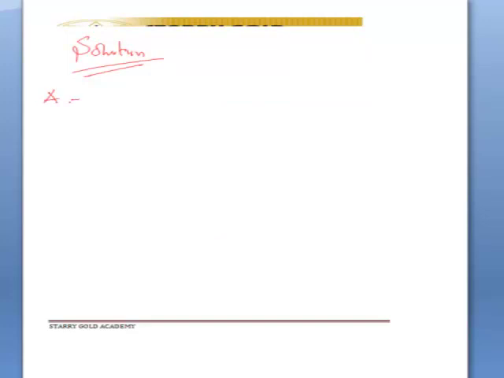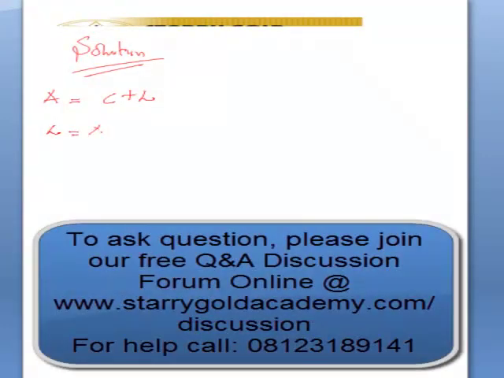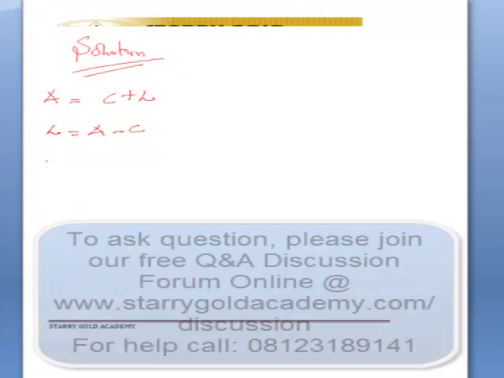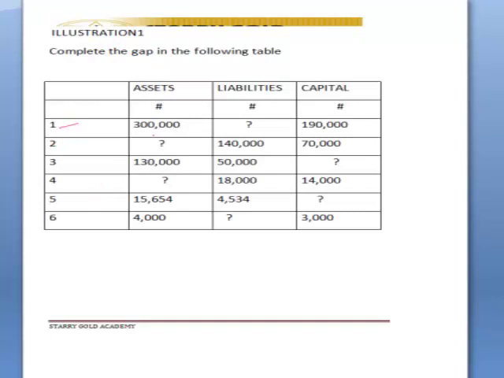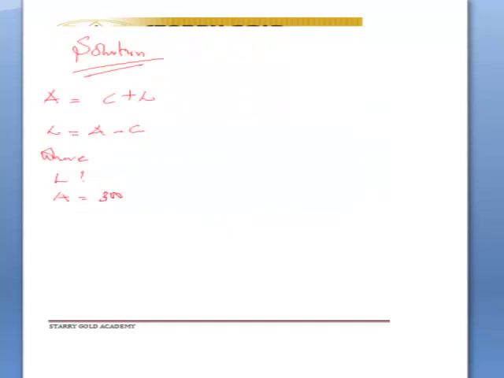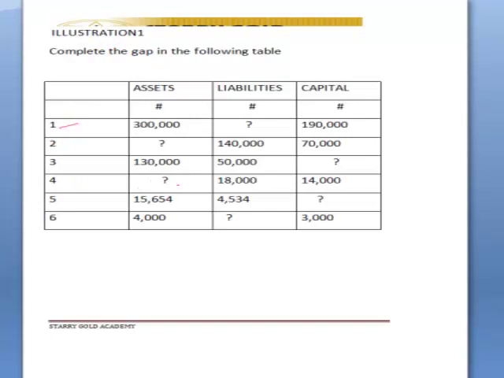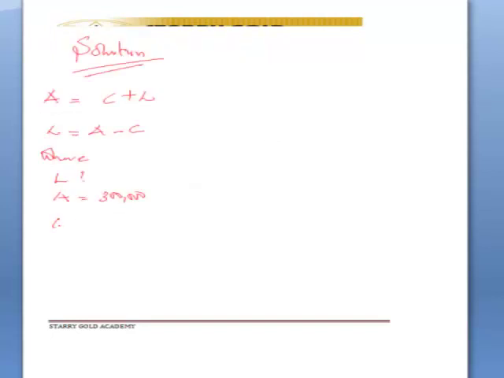The rule is that at any point in time, the asset of the business must be equal to the summation of capital and liability. So if we are looking at liability, our equation will change to L equals A minus C, making L the subject of the formula. Where L is what we are looking for, A is 300,000 and C is 190,000.